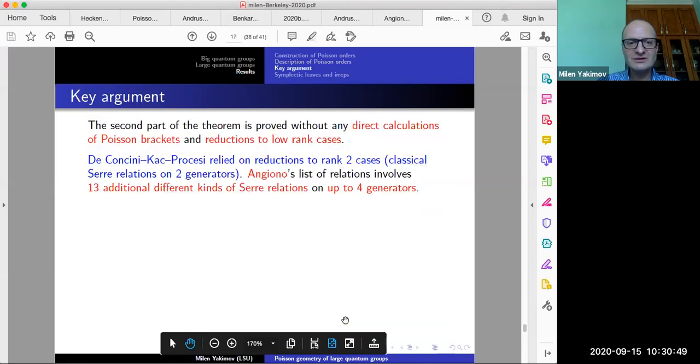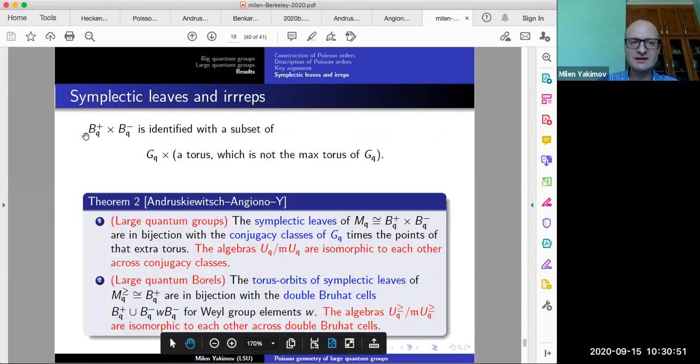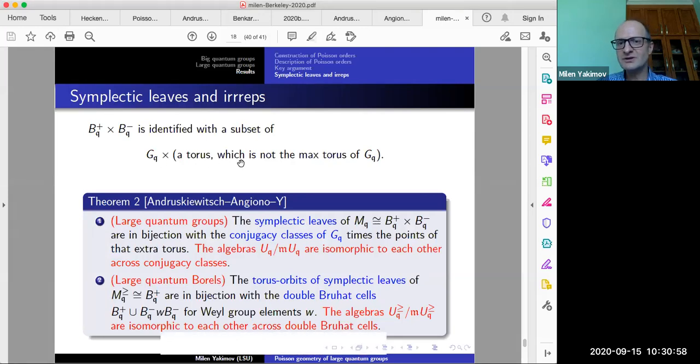So whatever appears over here, that BQ plus times BQ minus is identified with a subset here, what really we're doing is we're embedding BQ plus, BQ minus inside some double in a particular way and quotient the double by some diagonal of G. Because that double is not the standard one, when we do this projection, we're going here something that's not really a torus. I'm even cheating more.